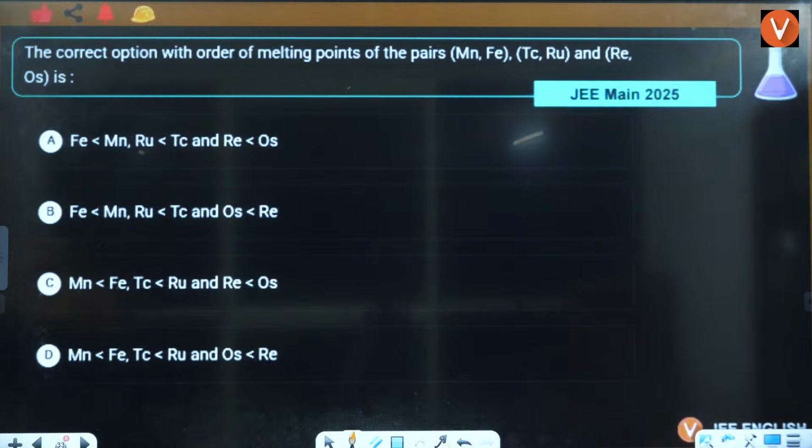Let's see how many of you will be able to answer this. ABCD, ABCD. Think about this. That is directly from the graph.